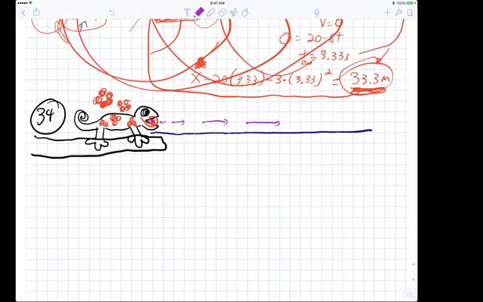And then it's going to move at constant velocity. So, in other words, we're going to divide this motion into two parts. V is equal to constant, and acceleration is equal to constant.